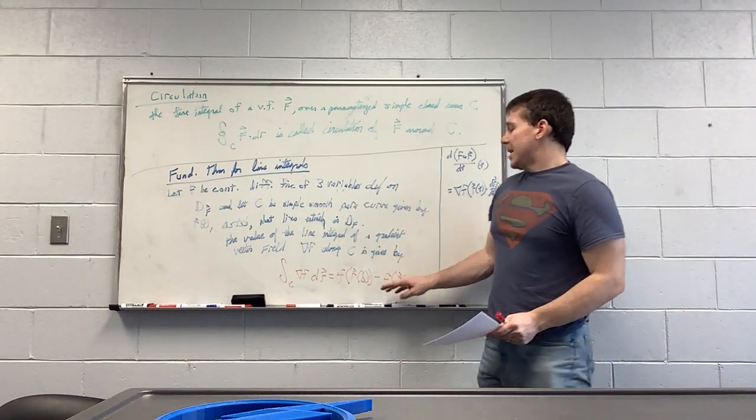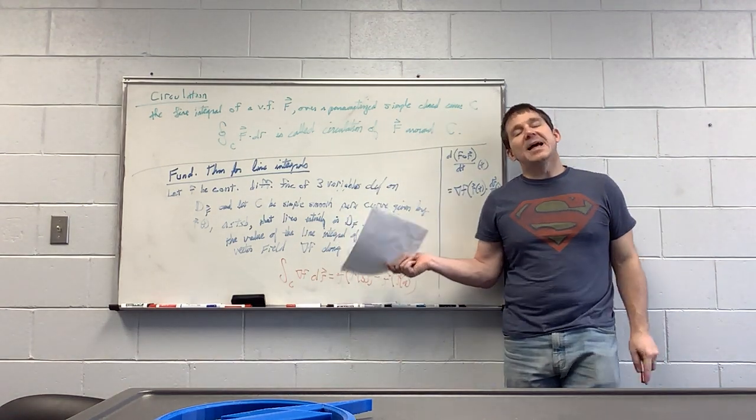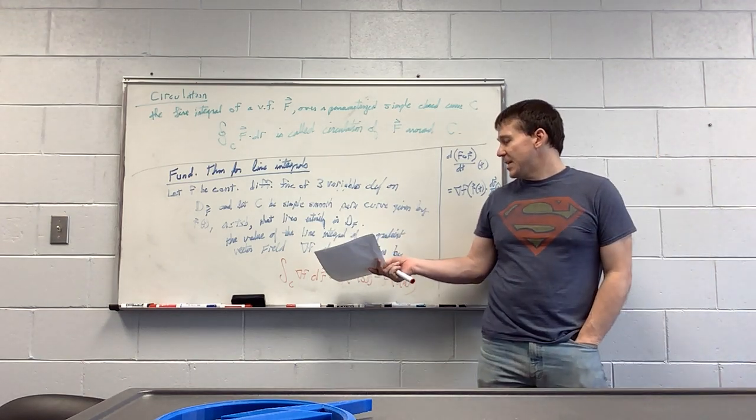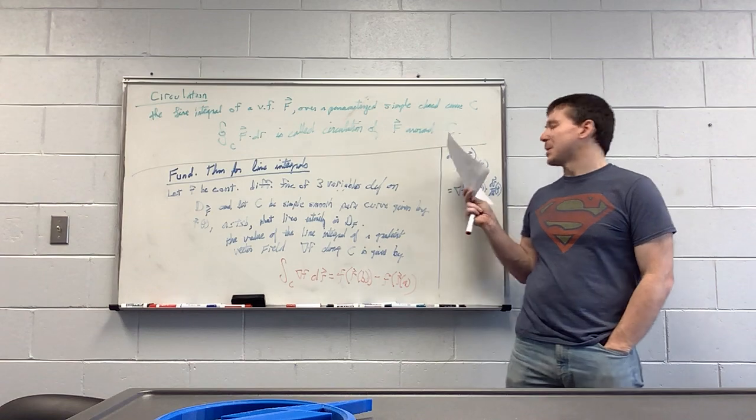And this should look familiar. That is the fundamental theorem from Calc 1. Now it's just written in terms of a composition of functions, which is why we needed this.